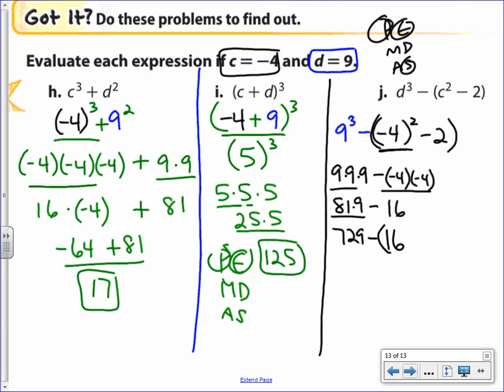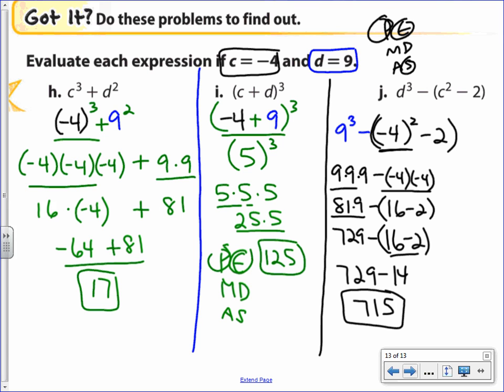I can't get rid of my parentheses yet because I still have more than one number in there. And then I'm going to go minus 2. Well, 16 minus 2 in parentheses is 14, and 729 minus 14 is 715.